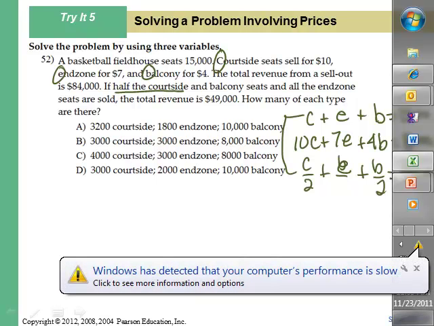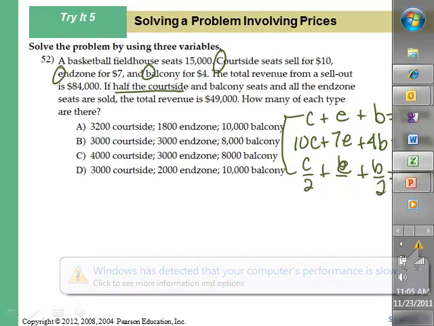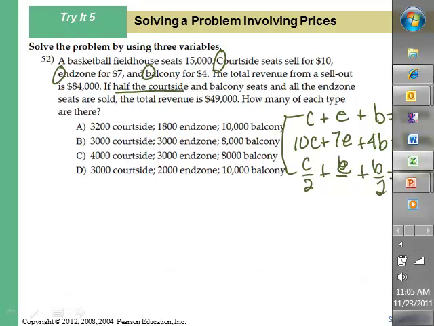And then 10, 7, 4 is 84,000. And 0.5, 1, 0.5 is 49,000.